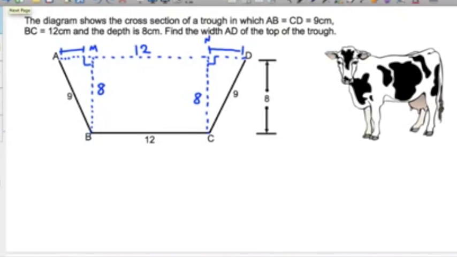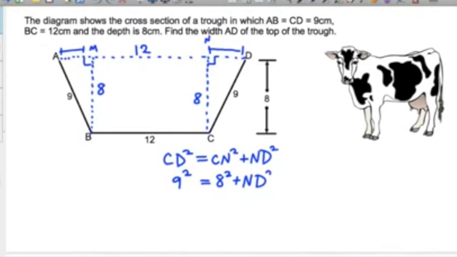So let's go ahead and use the Pythagorean Theorem. I know that CD squared is going to equal CN squared plus ND squared. CD squared means I have 9 squared equals 8 squared plus ND squared.